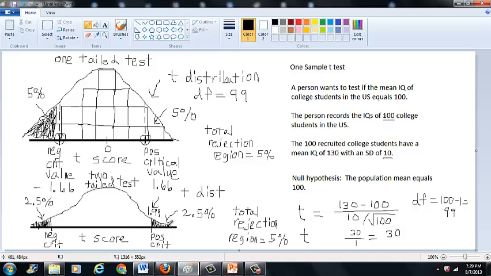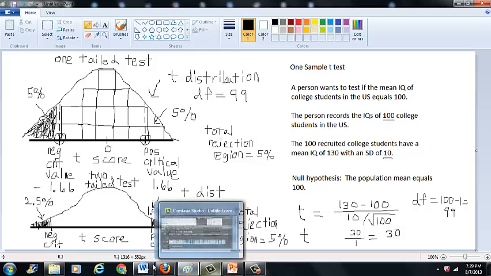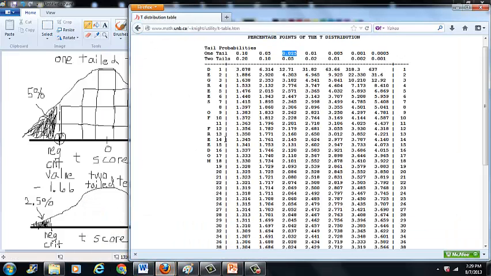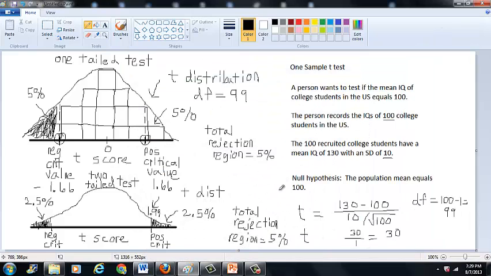So this one tail above 1.99 is 2.5%, which is why it says one tail 0.025. But when one tail is 0.025, two tails is 0.05. What that means is that in this curve down here with the two-tailed test, the total rejection region is still 5%.